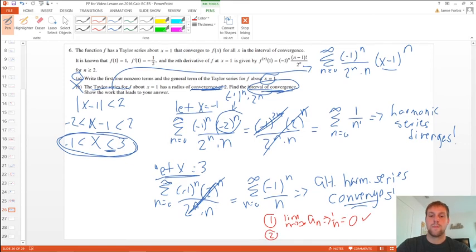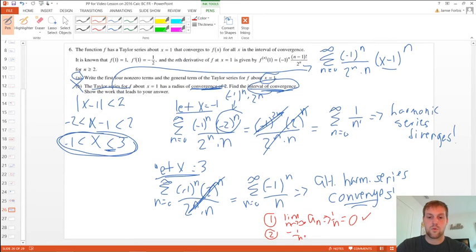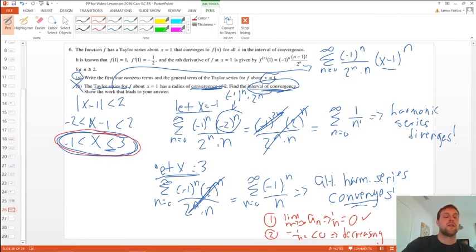And number 2 is that if I take the derivative of 1 over n, I get negative 1 over n squared, and that is always less than 0, so it is always decreasing. So that's the alternating series test for convergence. Ultimately, this is my final answer. So there you have it.